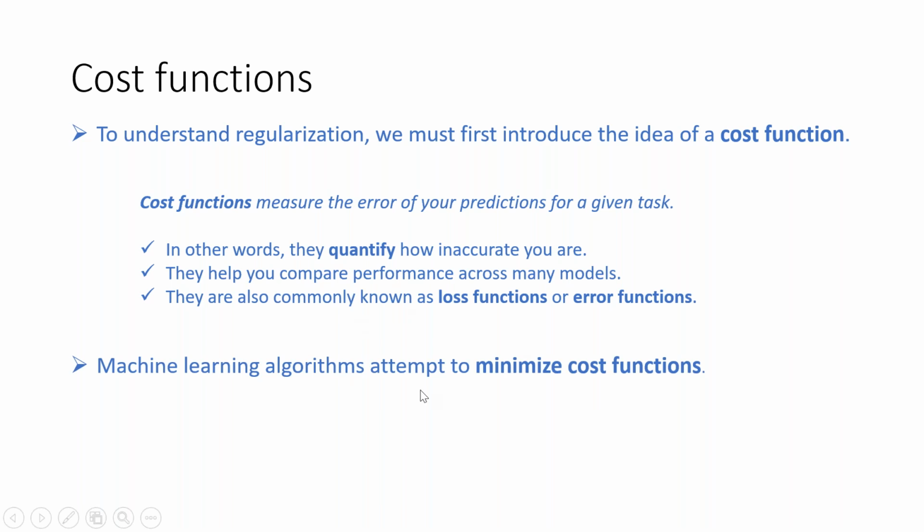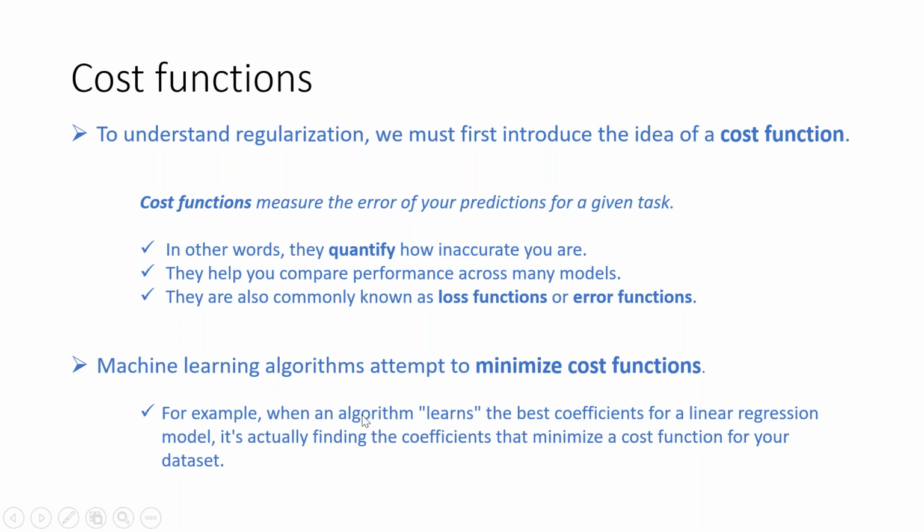Machine learning algorithms attempt to minimize cost functions. For example, when an algorithm learns the best coefficients for a linear regression model, like whatever we have shown, beta 0, beta 1 to beta 100, it is actually finding the coefficients that minimize a cost function for your data set.